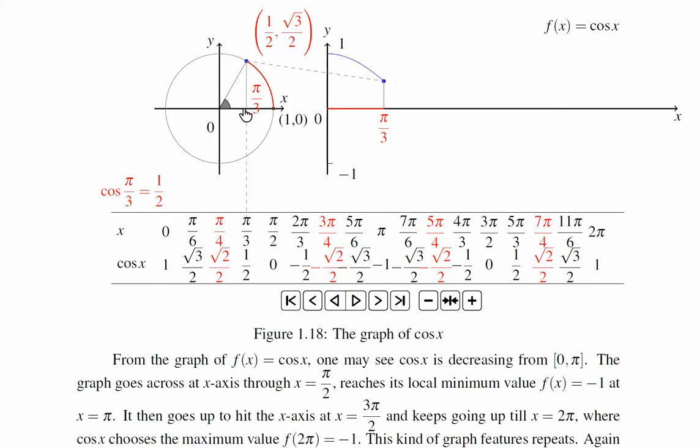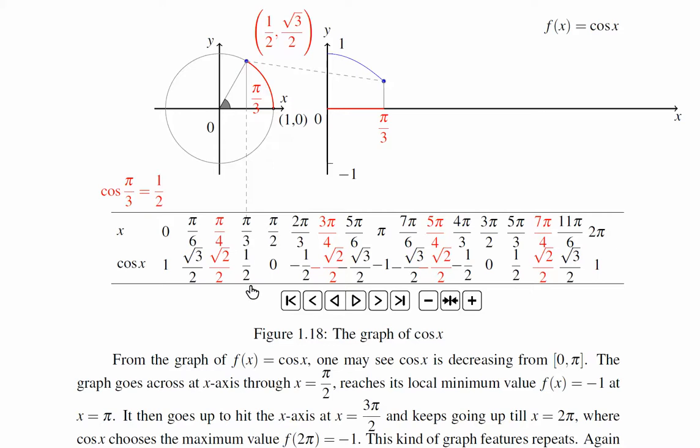Like when the angle is pi over 3 in this case, then the x-coordinate is 1/2. Then cosine pi over 3 is 1/2. Okay, so this point is on a unit circle.